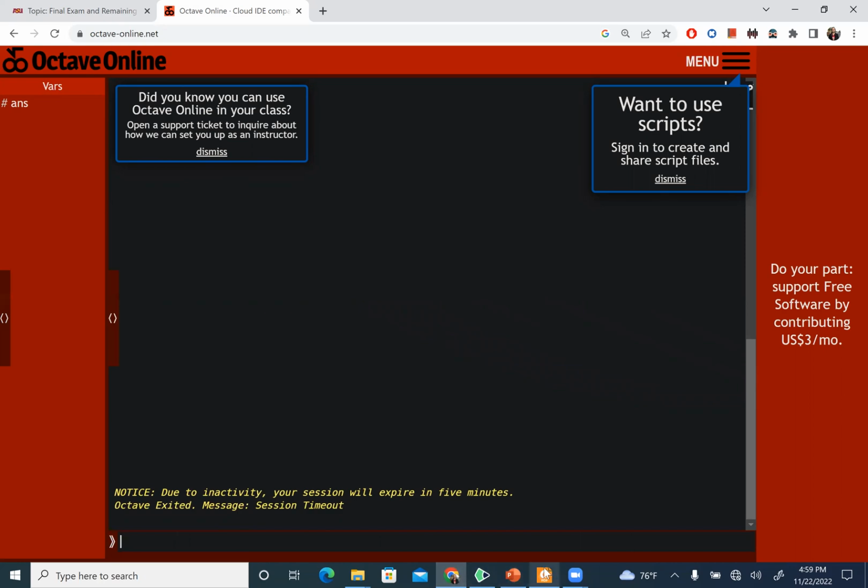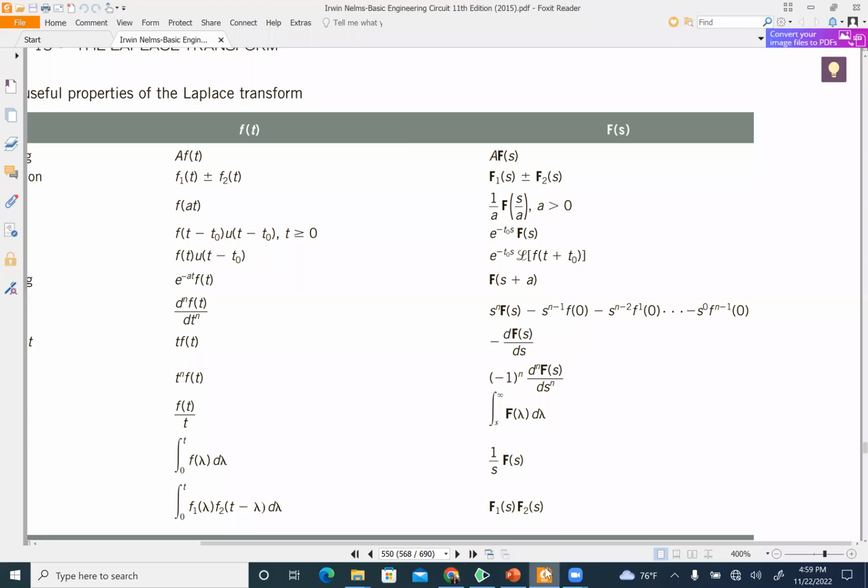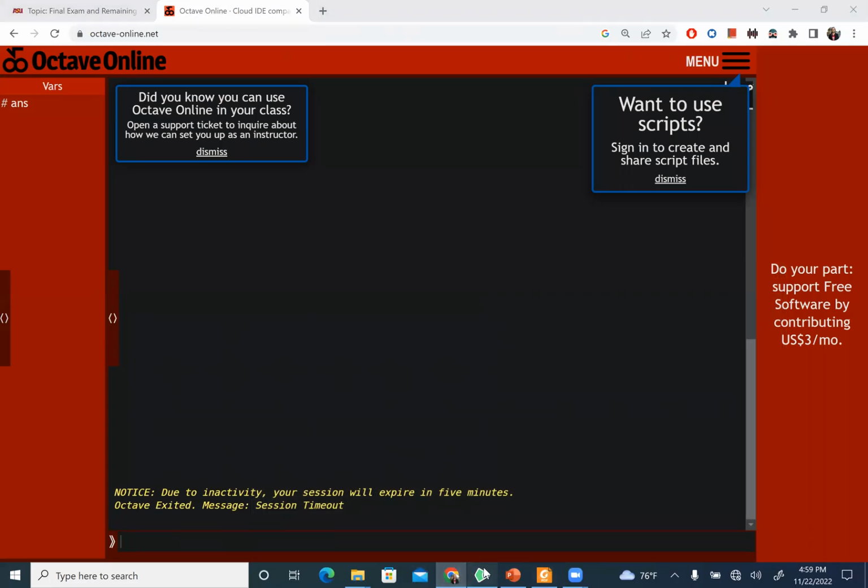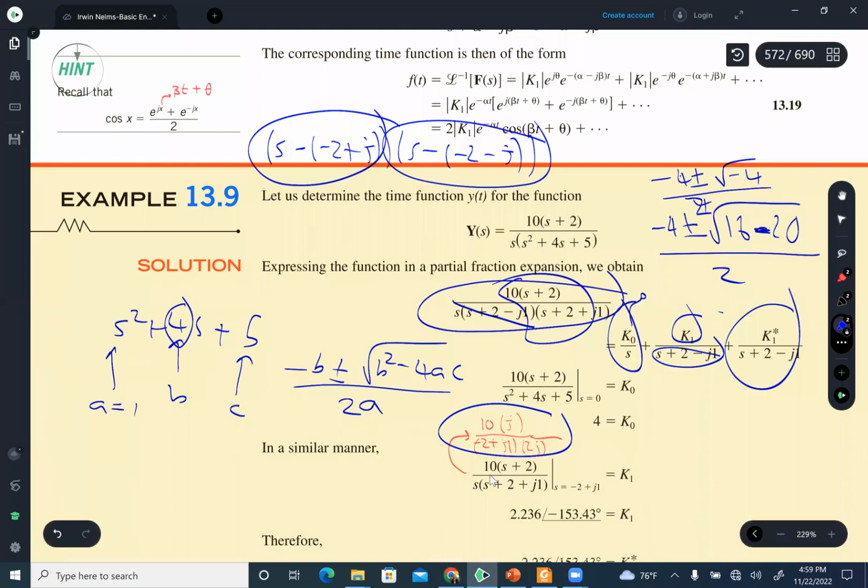So the claim is that if you take 10 S plus 2 over S times this thing and substitute S is equal to minus 2 plus J, right? That won't make this guy 0, right? Because this guy is the conjugate of the value that will make it 0. So this will just give you a valid thing. And that's just going to be K1.